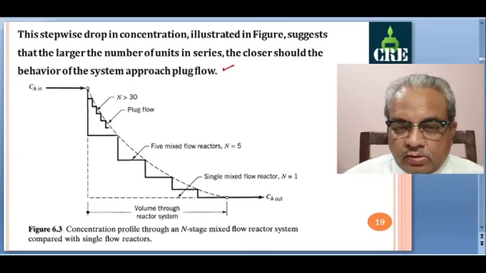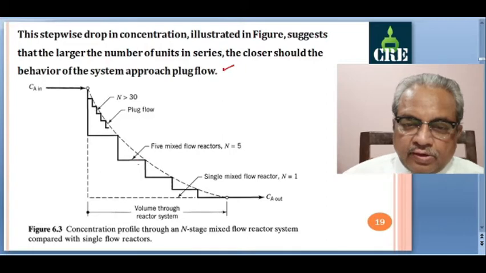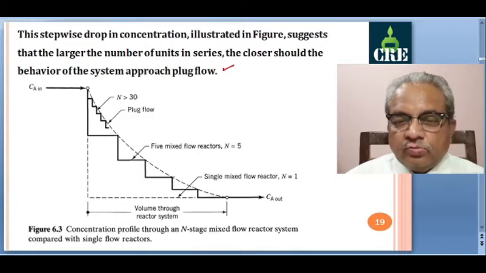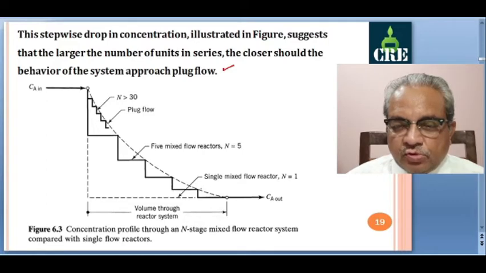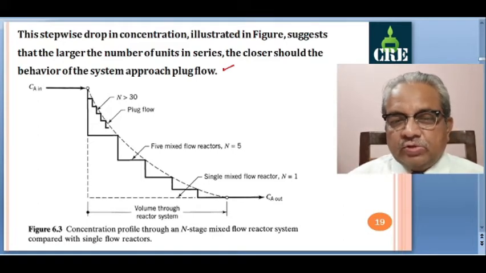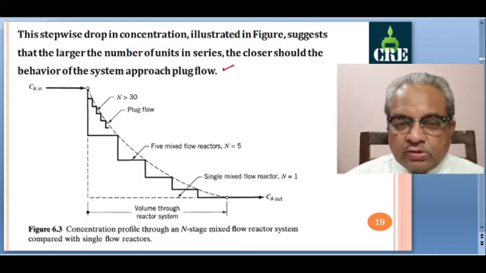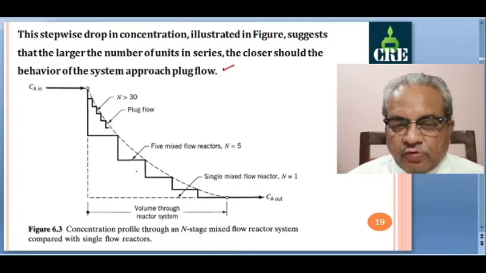Then entering the second reactor, exit concentration from second, same is the entry to third, then exit from the third, same is entering the fourth, this is exit from the fourth, same concentration entering the fifth and exit, same Ca out. So here we are using single, then 5 different stages.